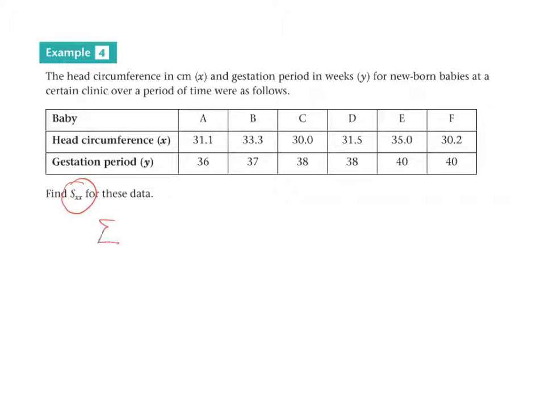We need the sum of X minus X bar, all squared. And we know that X bar is the mean, so we add all the X's together and divide by the number of pieces of data, which is 6, and we get X bar to be equal to 31.85.